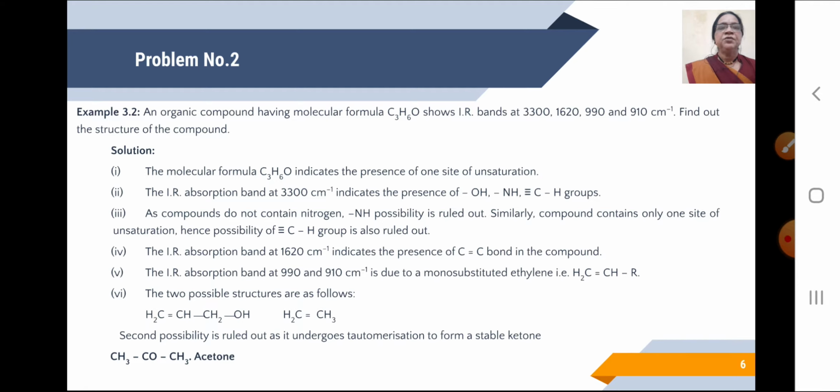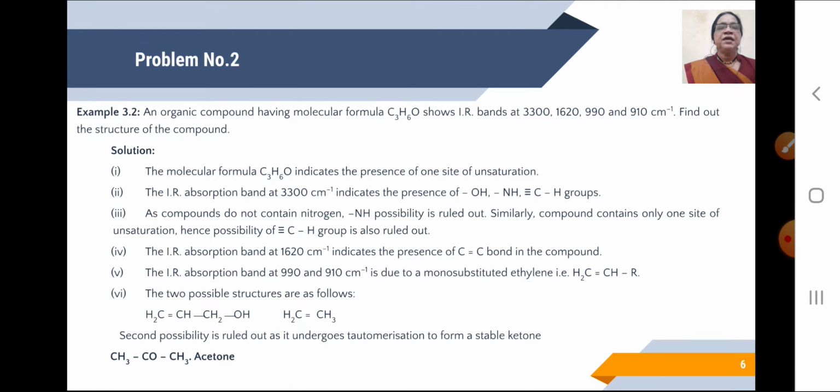Now first of all, you see the site of unsaturation. The molecular formula C3H6O indicates the presence of one site of unsaturation. You can use the formula X plus 1 minus Y by 2, that is 4 minus 3, which gives 1, that is there is one site of unsaturation.